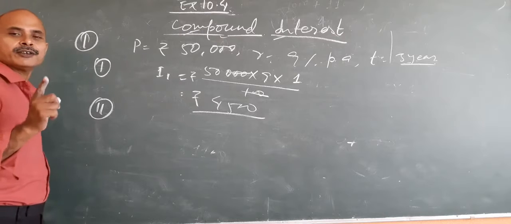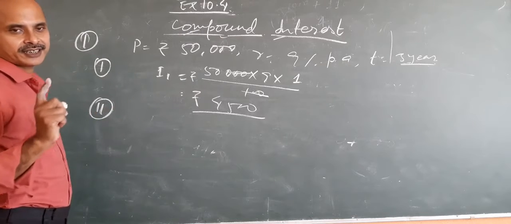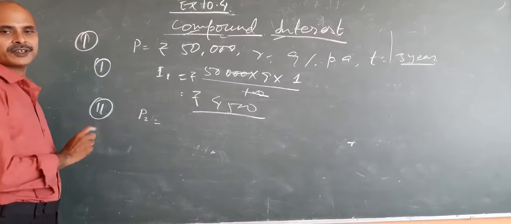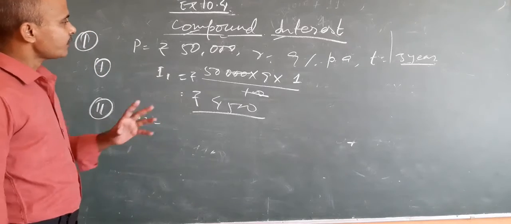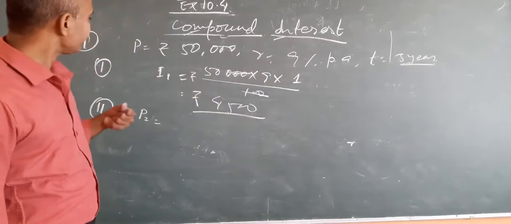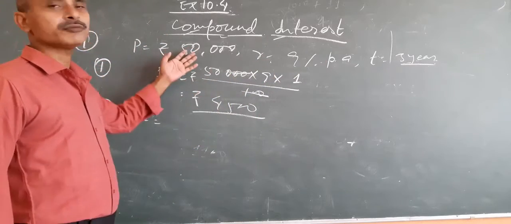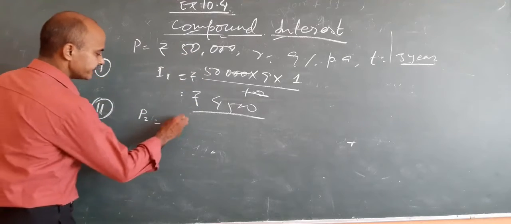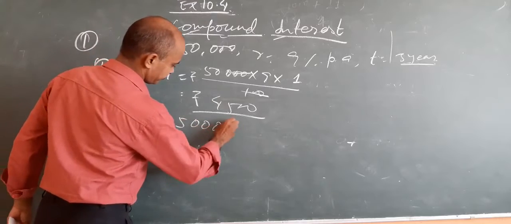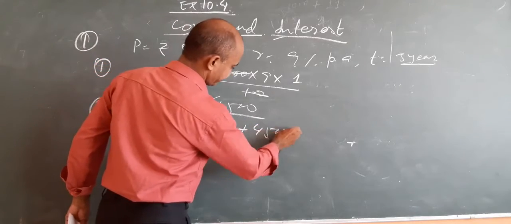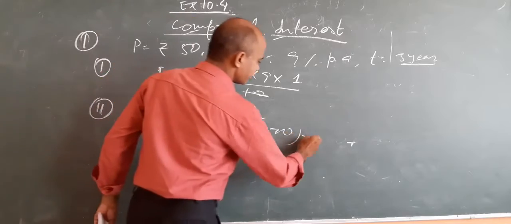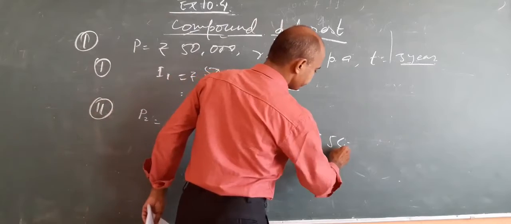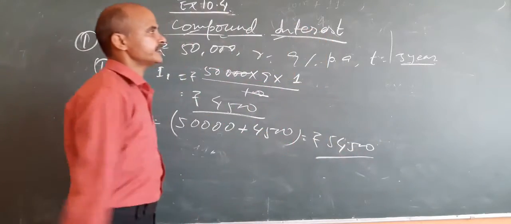Now the second question is the interest for the second year. For that, you have to find the principal for the second year, which we call P2. As I have explained earlier, the interest will become part of the principal: 50,000 plus 4,500 is rupees 54,500.